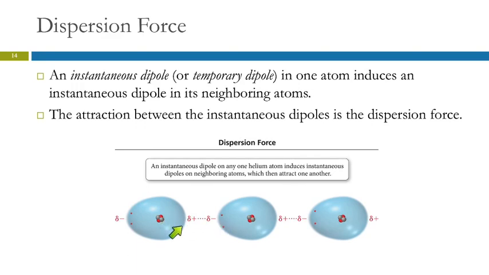So we've got this attraction between these 2 lopsided atoms. They don't stay that way very long. Like my kids didn't stay on the couch very long, maybe a minute, and then they were off again. But it can happen. So this atom gets spontaneously lopsided. It induces a similar lopsidedness, is that a word, in this one, and that induces a dipole in the next one, and so we have this force of attraction between instantaneous dipoles in neighboring atoms.